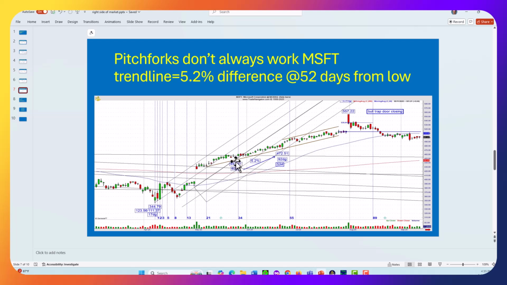Because the move from this pivot to this pivot is a difference of 5.2%, and that really doesn't mean all that much by itself until you realize that this low here is 52 days off the bottom. So this is just a little taste of what the manual's all about.